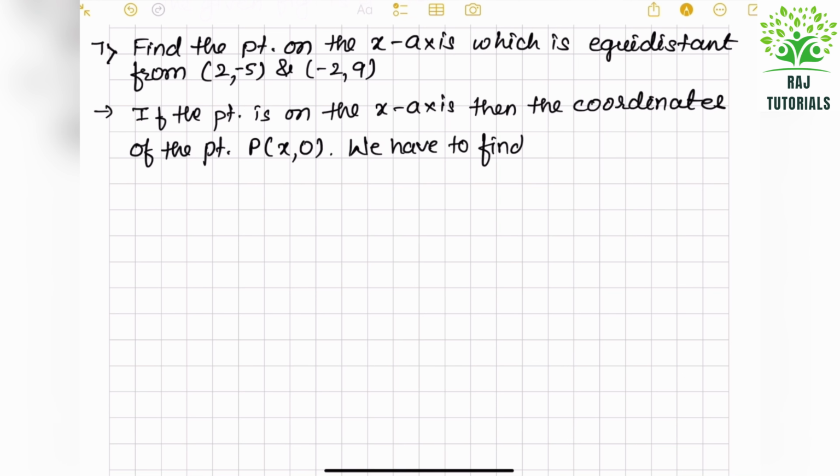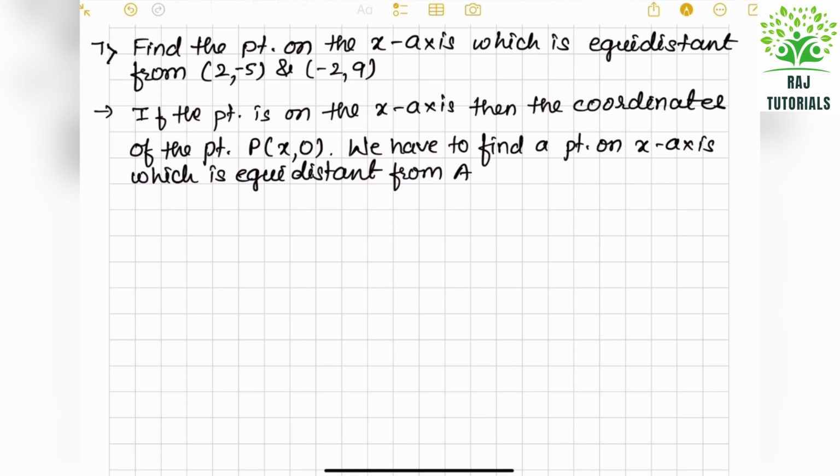So we have to find a point on x-axis which is equidistant from A(2, minus 5) and B(minus 2, 9).